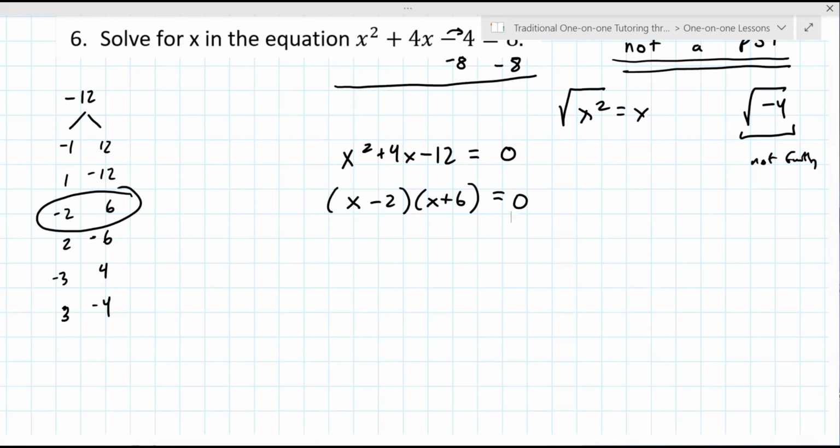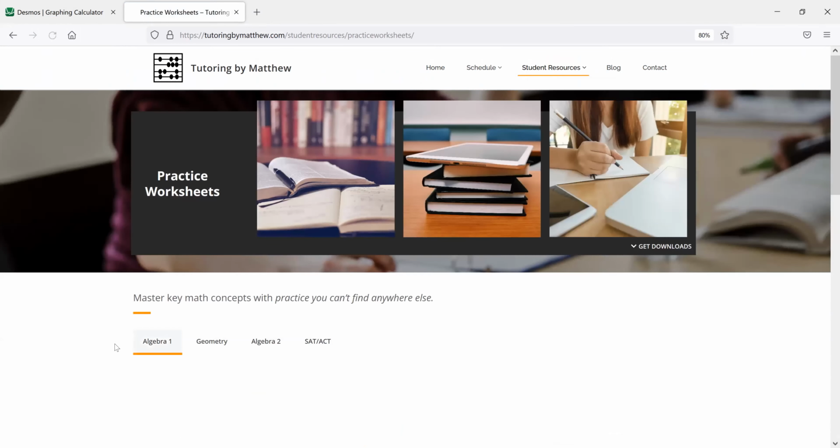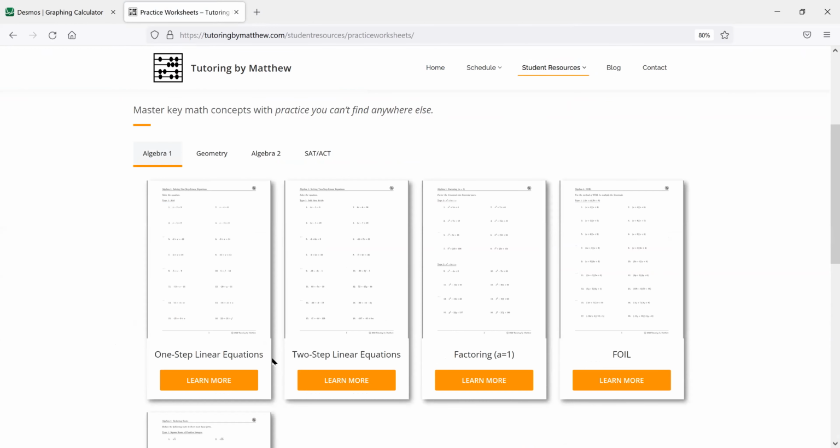So I do have a factoring worksheet on my website. Let me really quickly show you where that is, and then I will also put a link to it in the email I send you. You will benefit a lot from doing this, and it's organized in such a way that it's really perfectly designed for you to be able to do this.